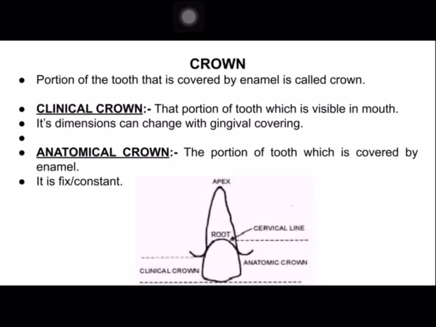Anatomical crown, the portion of tooth which is covered by enamel, is fixed or constant. You can appreciate it from the given diagram: cervical line. Anatomical crown starts from the cervical line to the incisal edge, while clinical crown starts from the gingival line to the incisal edge.